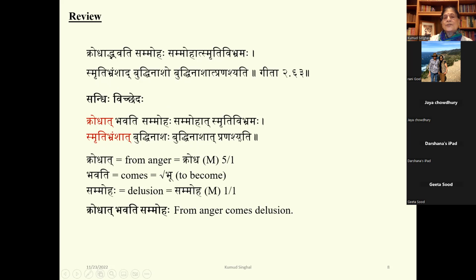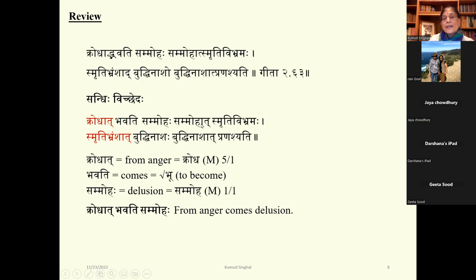Buddhinashat pranashyati. So here, krodhat ends with a consonant ta. And it is followed by a soft consonant bha. So this ta becomes a da. This is a conjunct, da. Here, smriti bhramshat, again this ta is followed by a soft consonant ba, so it becomes a da.